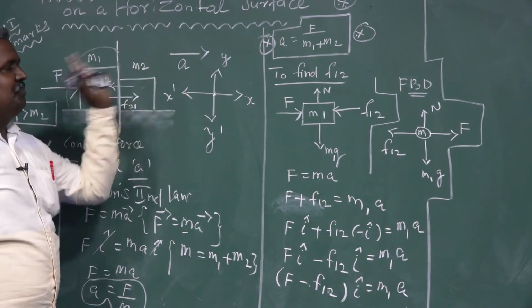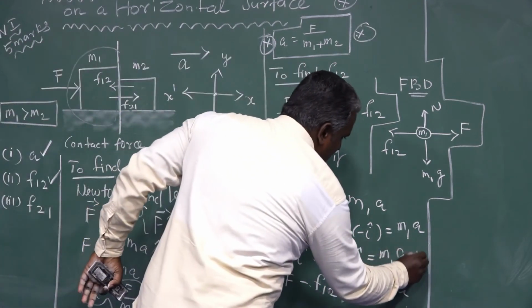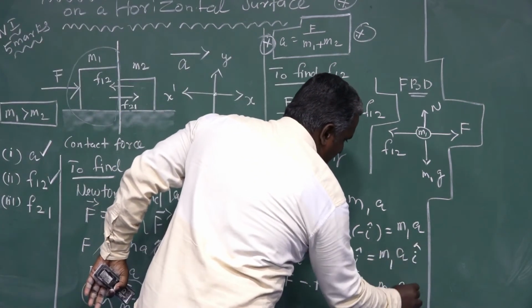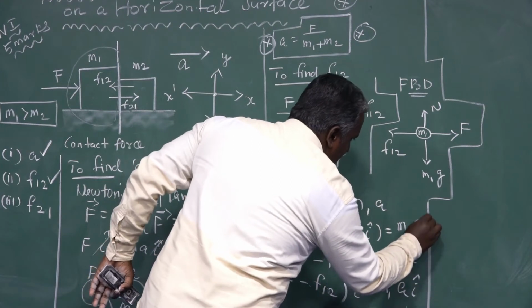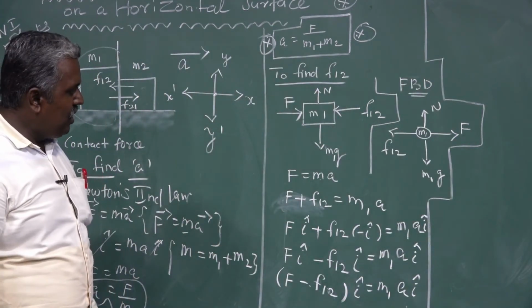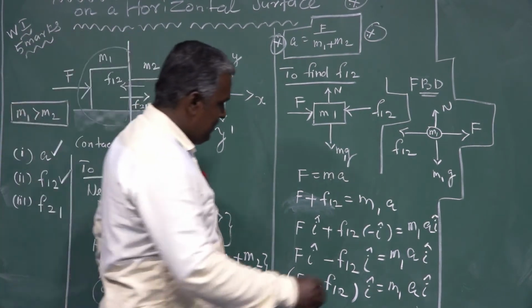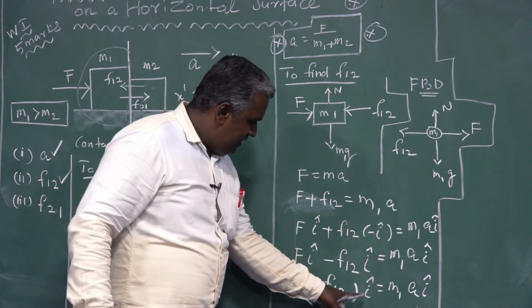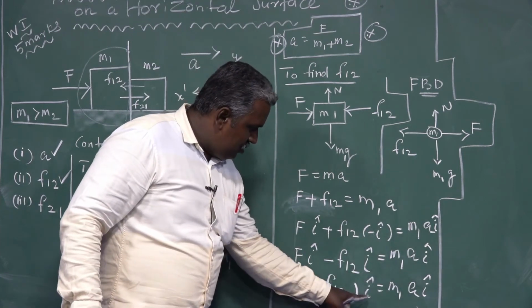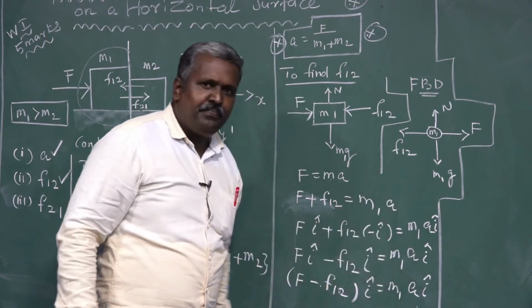Positive x direction, so i cap. We should consider the direction also. F minus F12 of i cap is equal to M1 a i cap.